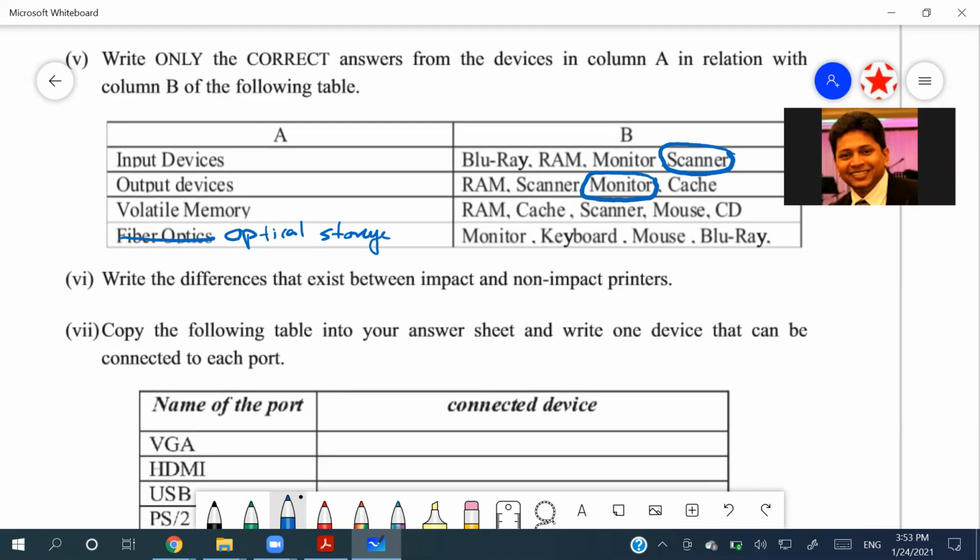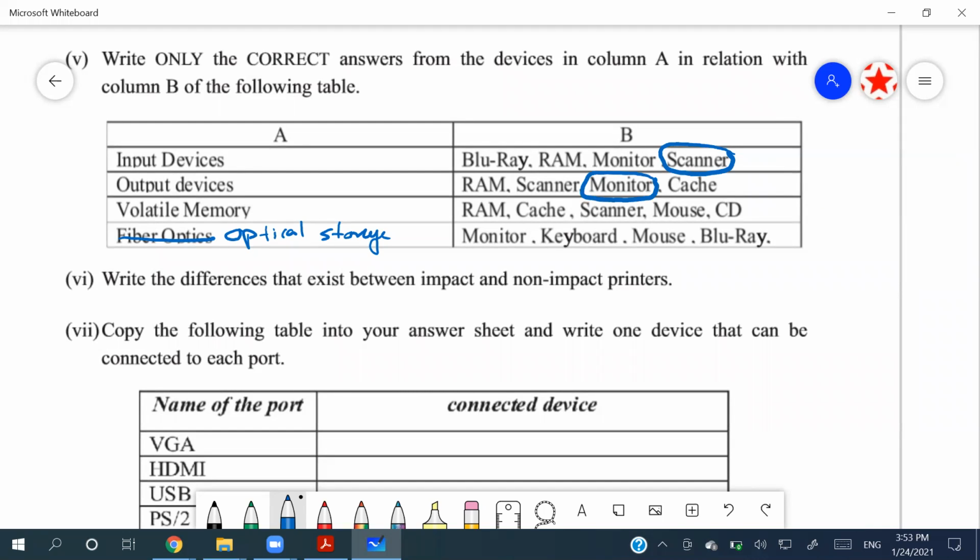Volatile memory. Volatile memory means what? The memory that cannot keep its data once the electricity is disconnected. So RAM is a volatile memory. Cache is a volatile memory. So both the answers should be there.